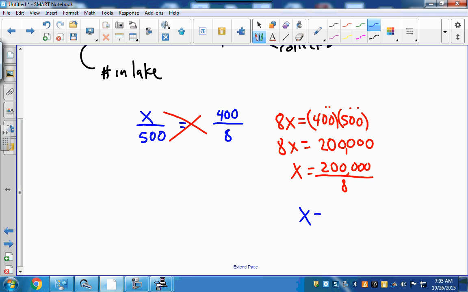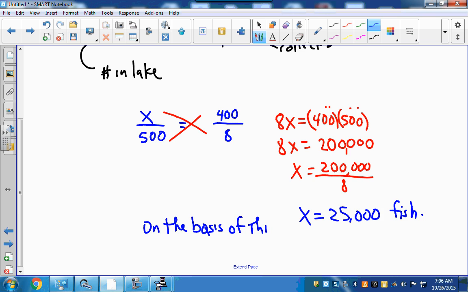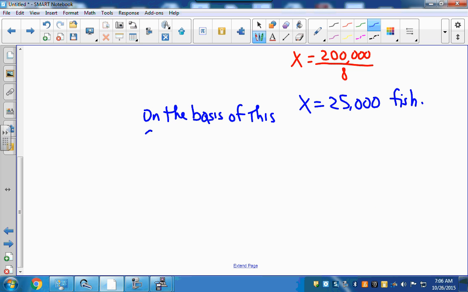So X is 25,000 fish. And again, ending the problem with a sentence is nice. On the basis of the sample, there are 25,000 fish.